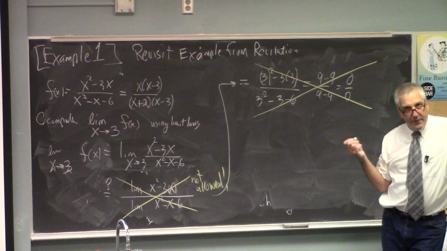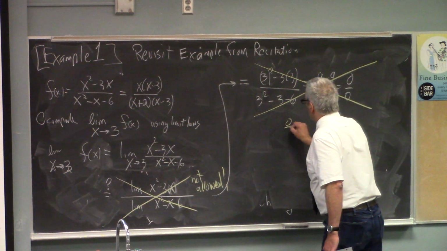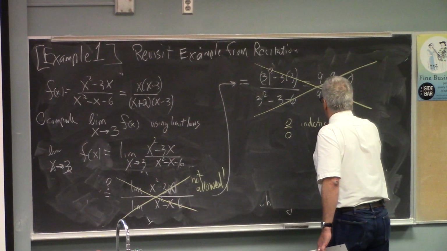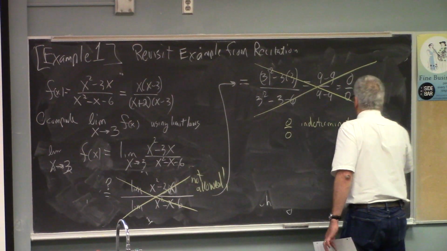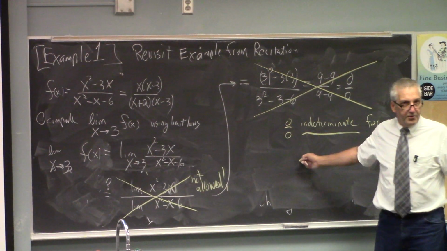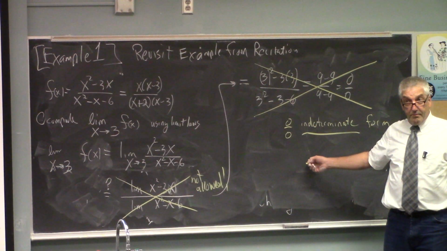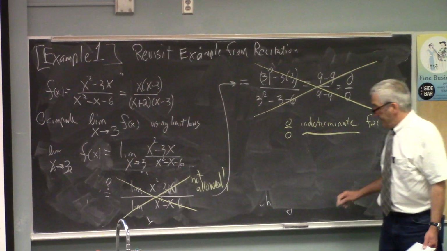That is, you don't have enough information to say what the limit's going to be. So this is what's called a 0 over 0 indeterminate form. Indeterminate because it's too soon to say what this limit's going to be. It might be a number. It might be undefined. We don't know. We can't say.